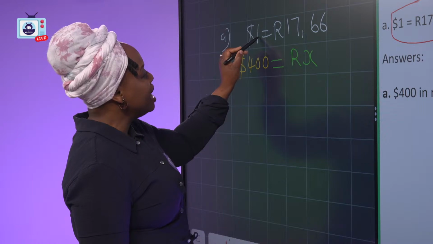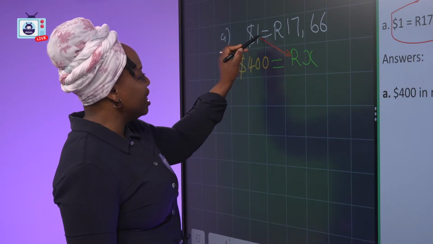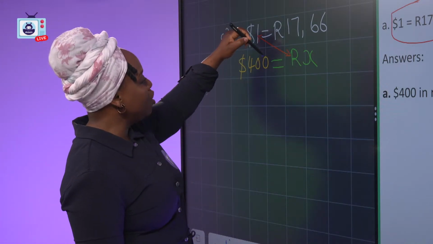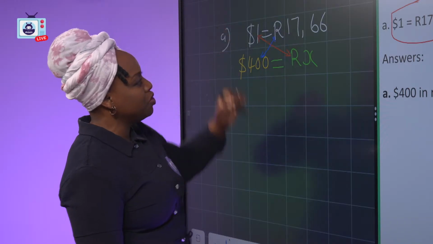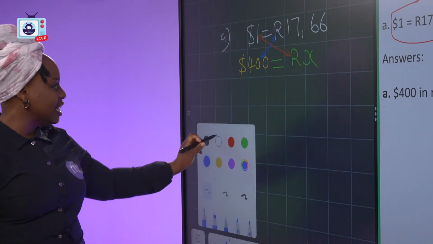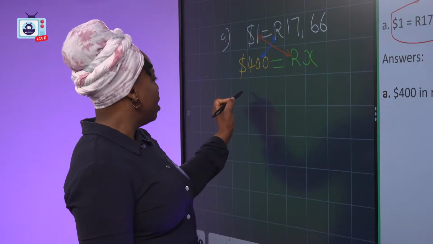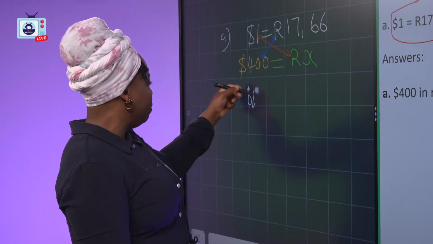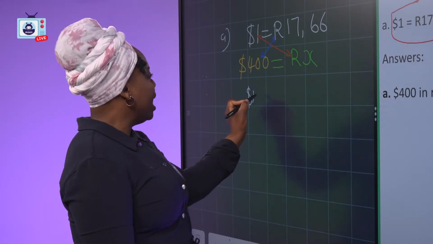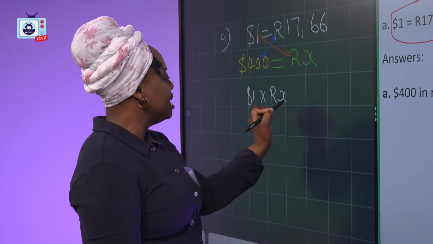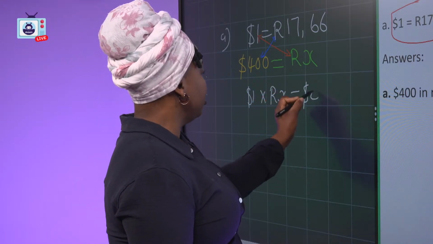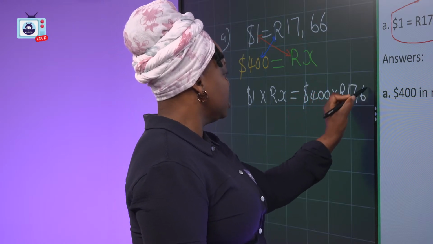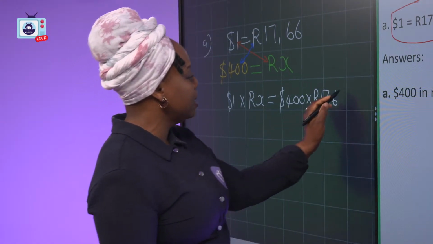So I can multiply the $1 with the X rand, and I can as well multiply the $400 with the 17 rand 66 cent, just like that. So let's do it. If I have my $1 multiplying it by my X rand, then I have my $400 multiplying it by my 17 rand 66 cent, like that.